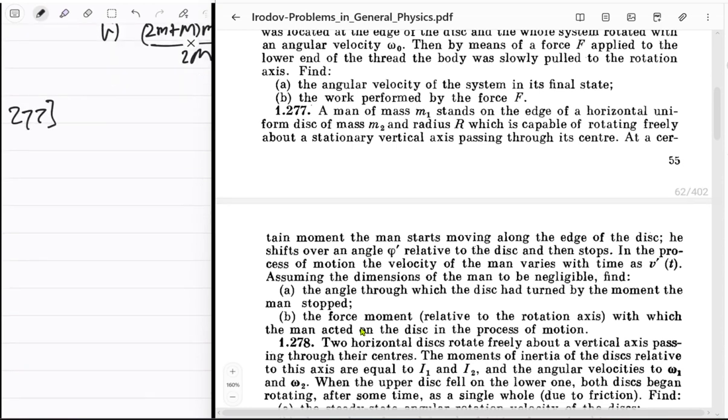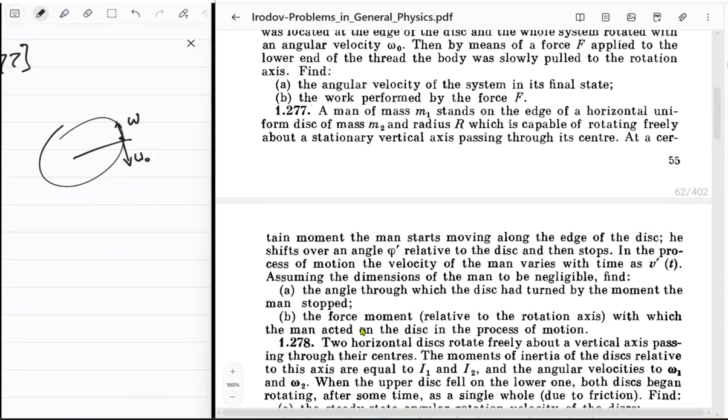Let's just do the thing. So with respect to the disk, the man is going with some kind of angular velocity omega. And the disk is moving with angular velocity omega naught. Both of these are variables. Omega naught we generally use for constants, but those are variables as well. Or you know what, if you really want, just use omega dash and omega.